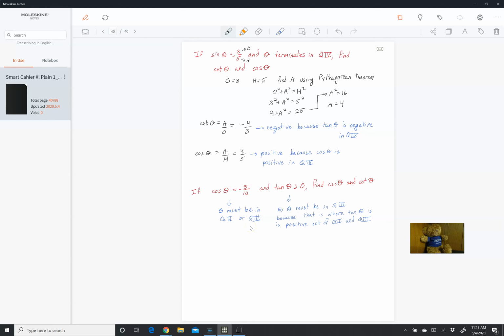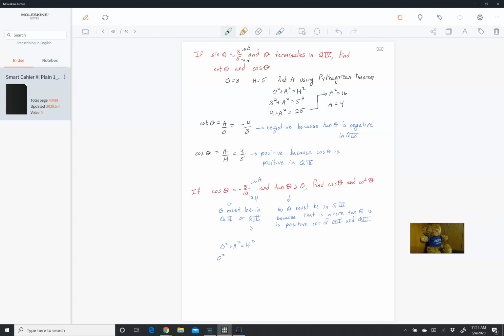Okay, so now we can find the cosecant and the cotangent. So we have to identify our opposite, our adjacent, and now our hypotenuse. We know that this is the adjacent and this is the hypotenuse.